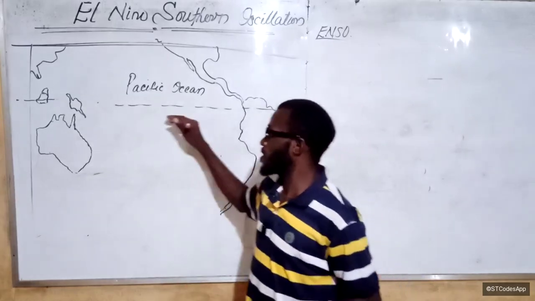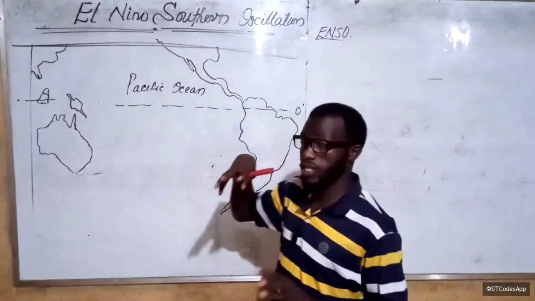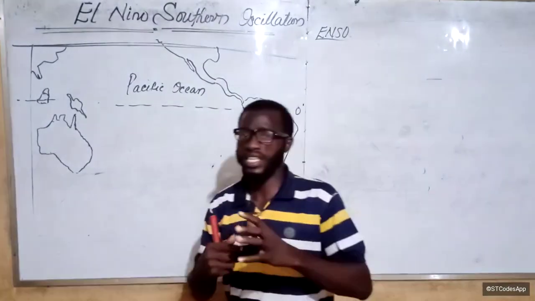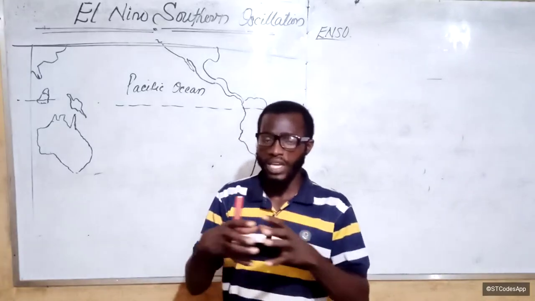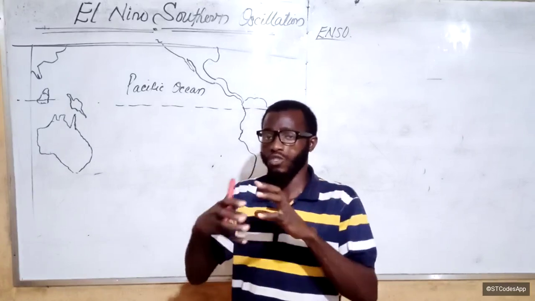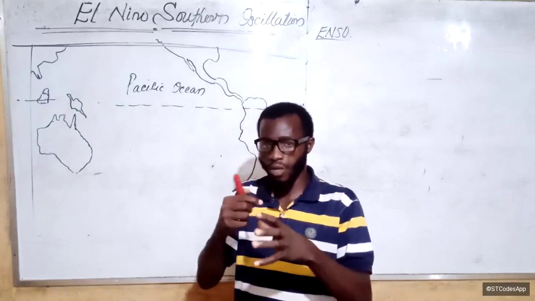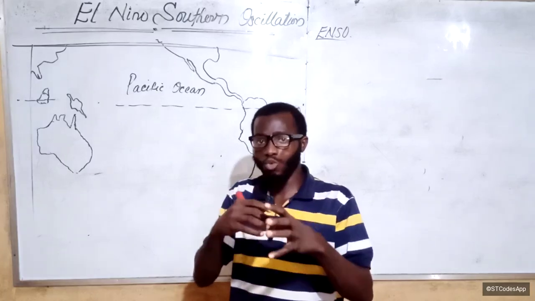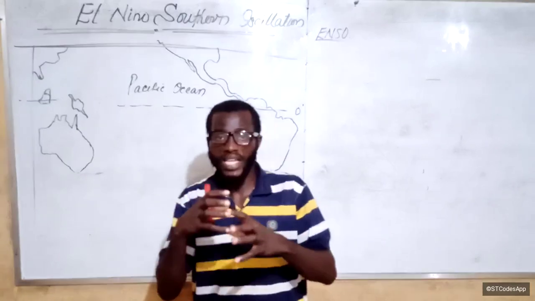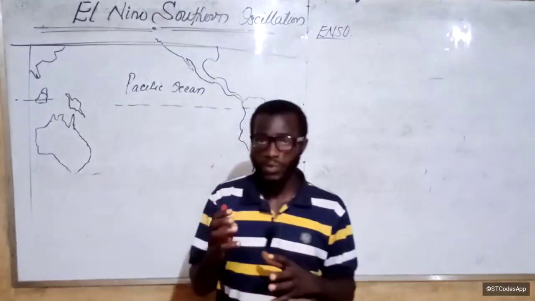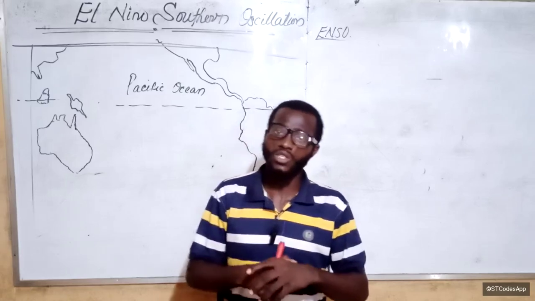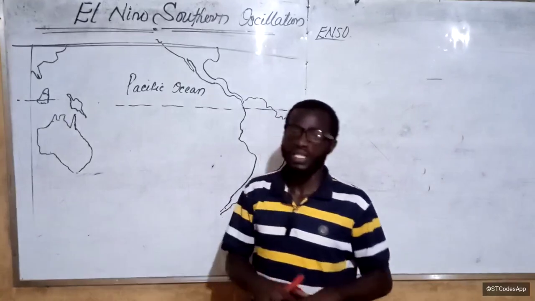The word oscillation is used because it is a shifting between high pressure and low pressure zones, so that there is some interaction between the two sides of the Pacific Ocean. That is why it is called oscillation, because of that change. And of course, it is called southern because it is in the southern Pacific.